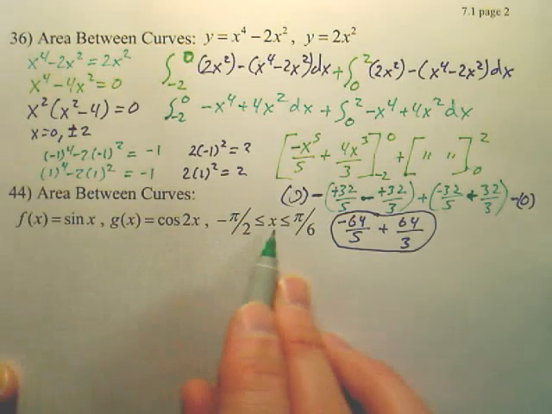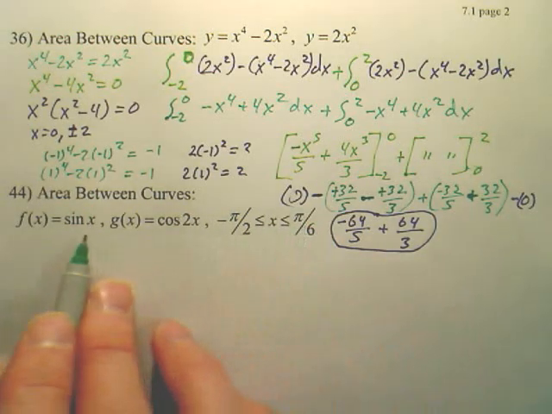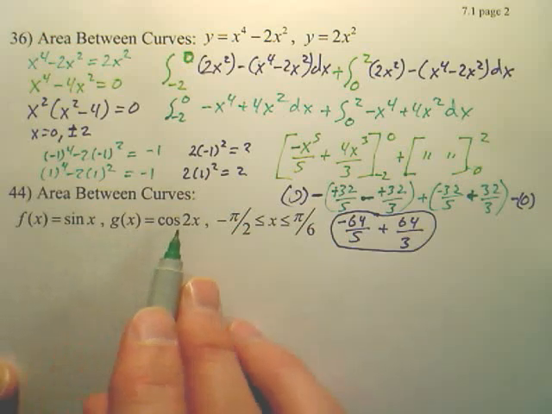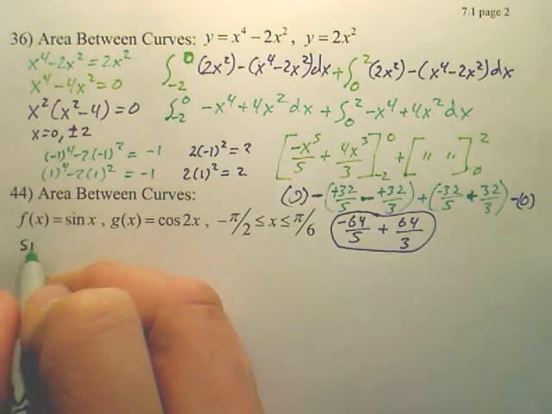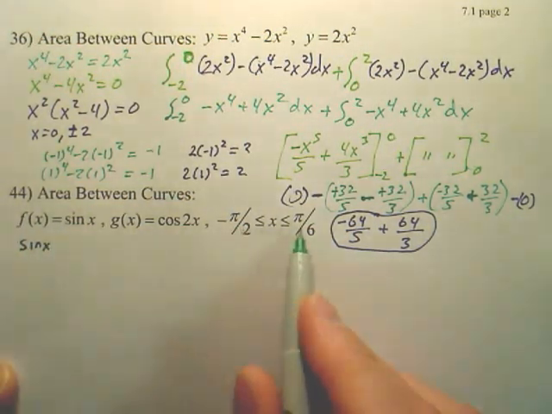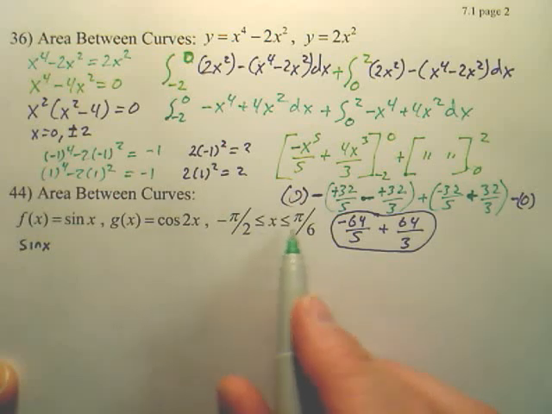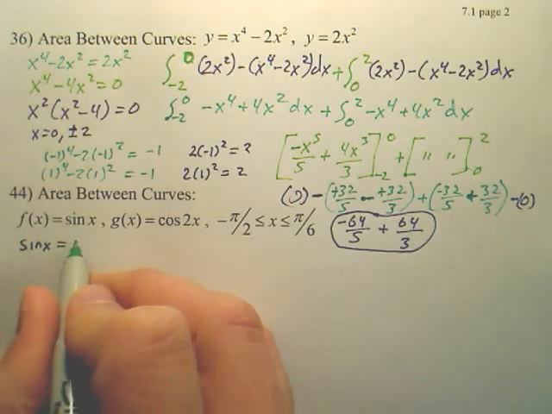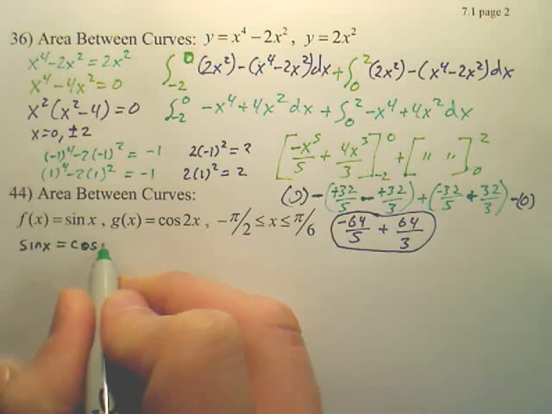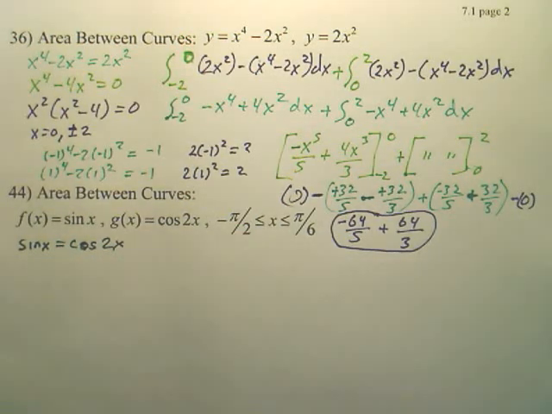Now, we have an interval, but we first actually need to set these equal to see if it hits on this interval, or where on this interval it hits. So when you set these equal, that gets kind of crazy.